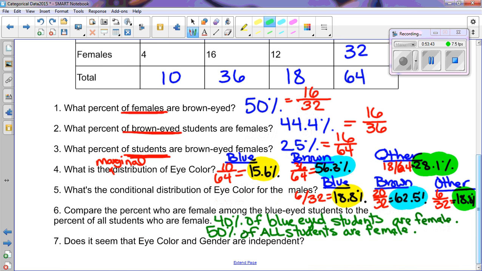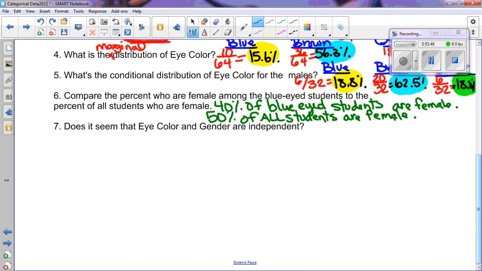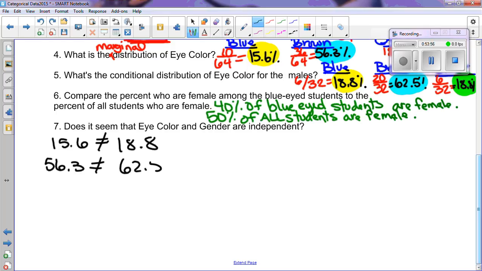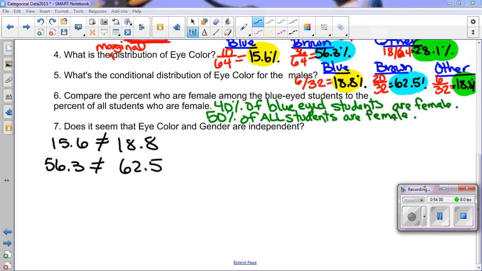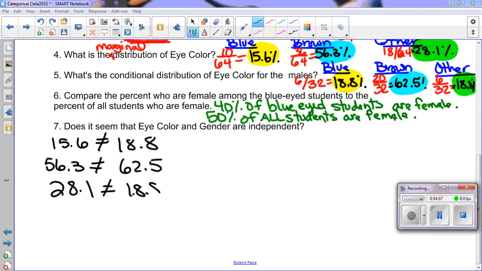They have to be close to be independent. I would say 15.6 does not equal 18.8. 56.3 does not equal 62.5. And that last one was 28 point. Those are okay, but this last one definitely not. It should be 18.8.